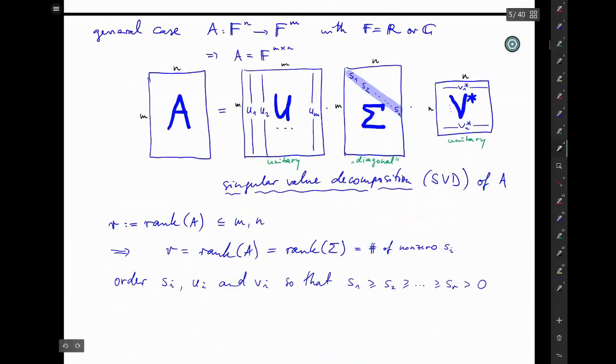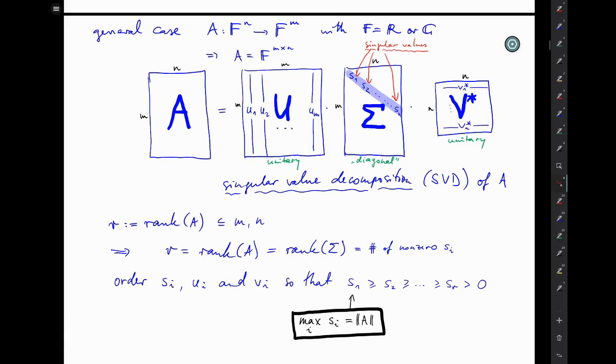Okay, and now we could say that this here is the norm of A. And even if you do not reorder your singular values like this, you could say the maximum of your singular values is the norm of A. Okay, very important equation. And maybe we should write the words singular values somewhere, maybe here. And these u and v vectors will be called singular vectors, and sometimes you say left and right singular vectors.